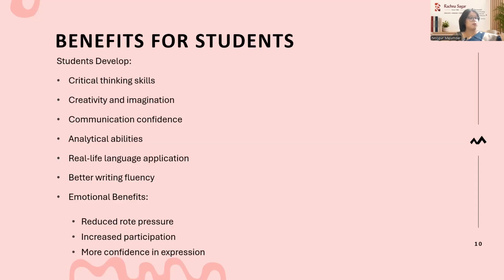For example, if a student reads a passage about excessive use of mobile phones, they are encouraged to discuss, do mobile phones help the students, which is a very big question nowadays, or do they distract them more, right? And the more we engage them, the more endless number of answers we will be able to get and explore beyond our imagination. And this develops reasoning and independent thinking among our learners.